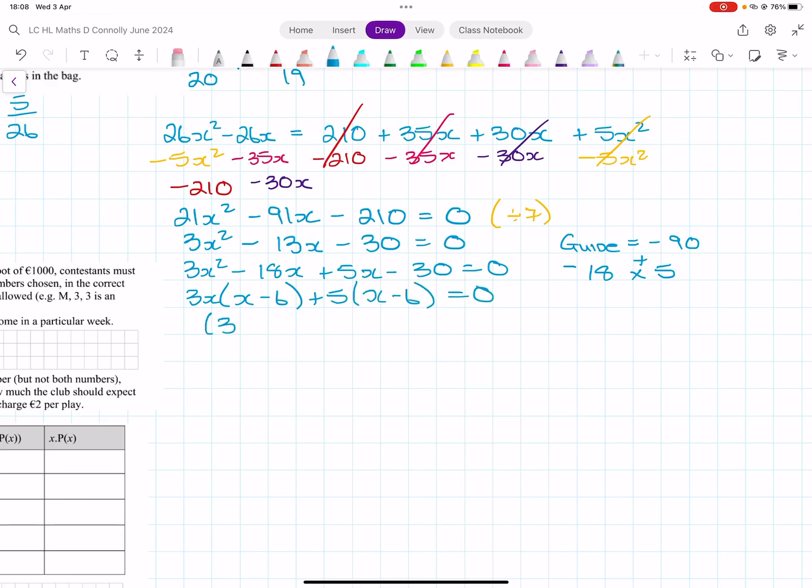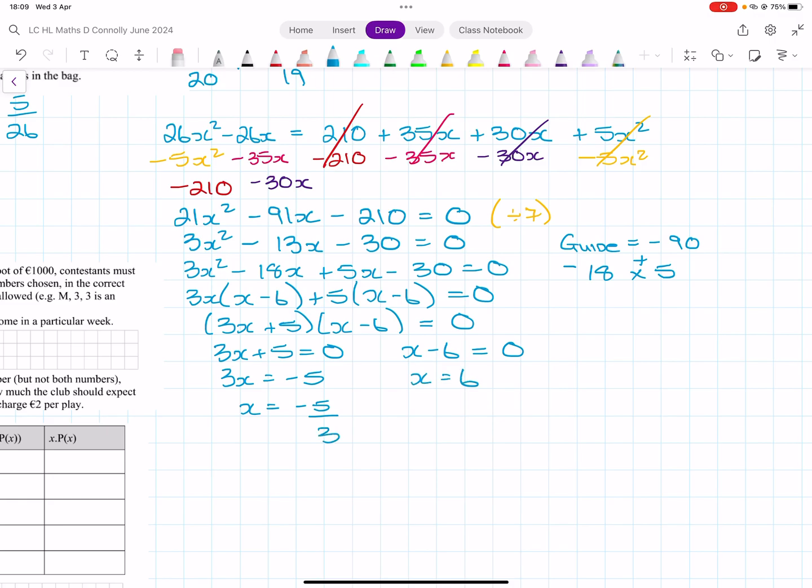So that is 3x plus 5 and x minus 6. So 3x plus 5 equals 0 and x minus 6 equals 0. 3x is minus 5, so x is minus 5 over 3, and here x is just 6.